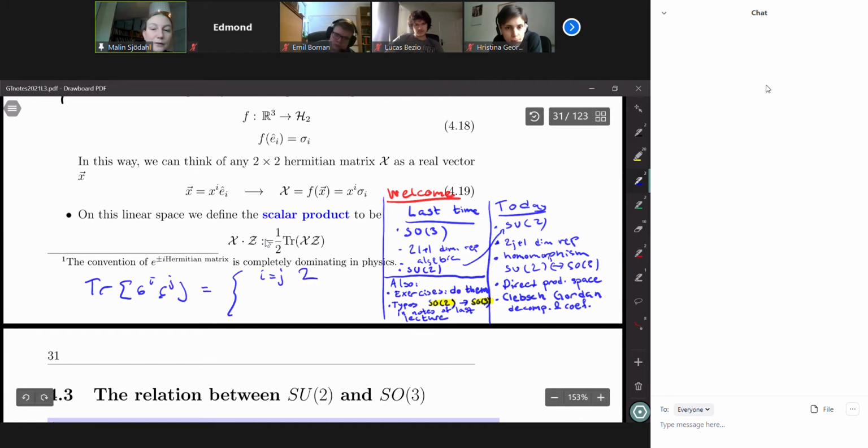So the trace is then 2. If i and j are not equal, recall that this product of sigma_i and sigma_j is just some sigma_k, so it's i epsilon_ijk sigma_k. So we have just another sigma matrix, and we have the trace of some sigma_k. But sigma_k is traceless, so this is 0.